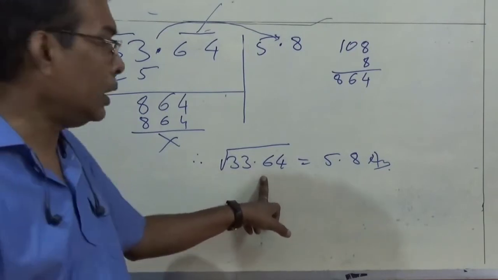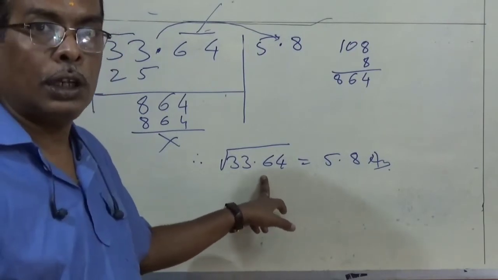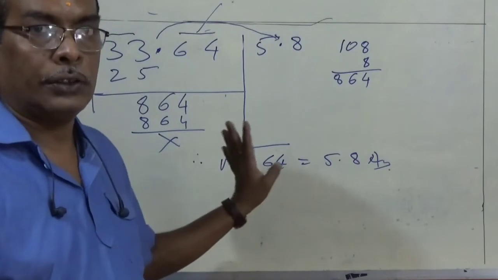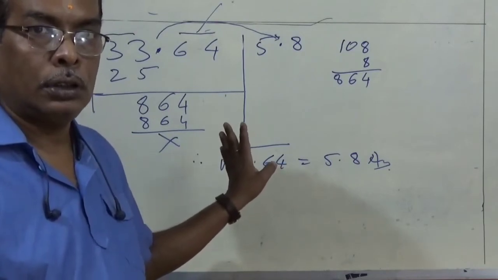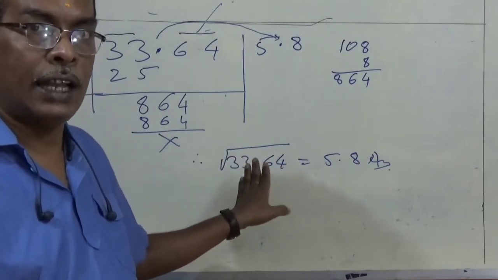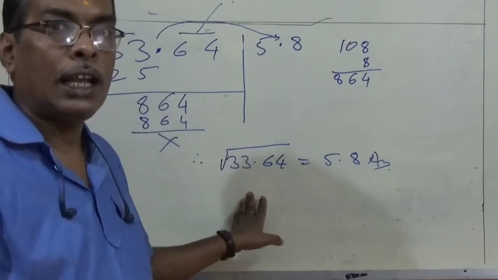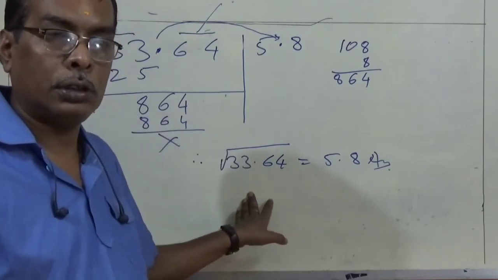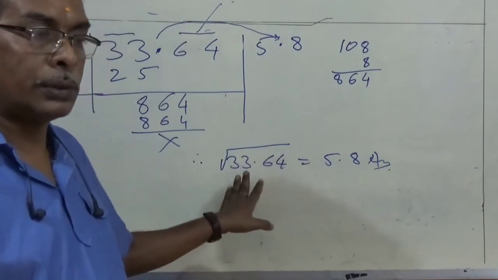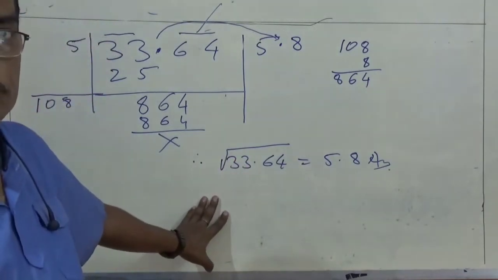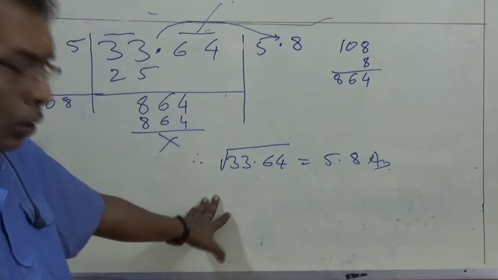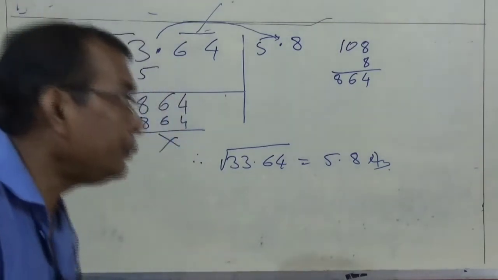You have calculators in your mobile phone, so do the calculations and make sure whether it is the answer or not. I am quite sure because I have checked this answer from the answer sheet of a book. So this is one of the questions. I think it is clear. Now let us go for the next one.